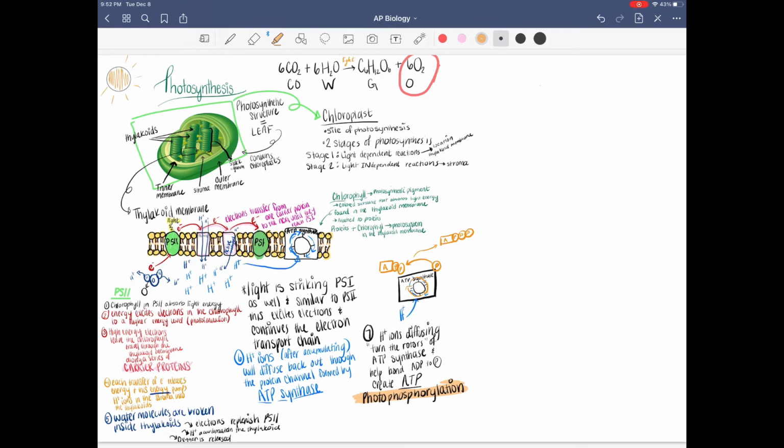All right, so we've looked at the creation of ATP. The other thing that we need to look at is going to be the production of NADPH.